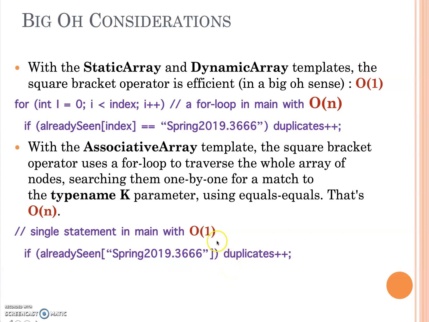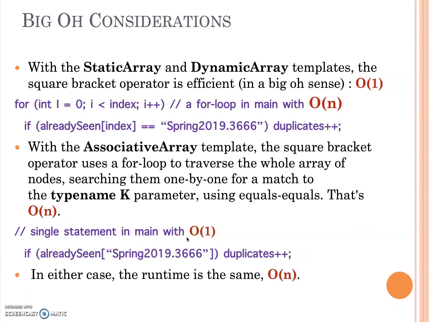So that's why you have a more difficult, more complicated header file to write, but your main function is easy and clean. But no matter what, whether we talk about assignment 5 or assignment 10, if you just want to find a match value, no matter whether you use the static array, dynamic array, or associative array, at the end your runtime is still n.